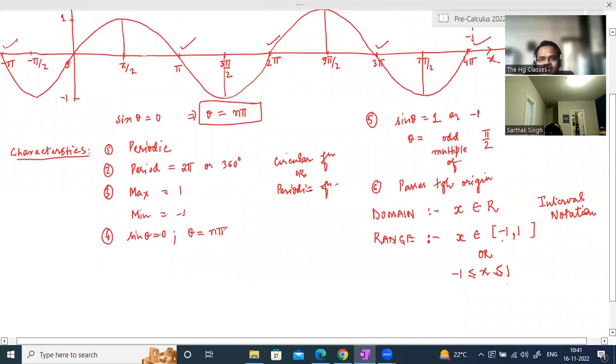Because we know that 1 and -1, the boundary values, are included in the range. If they were not included, then we would have written x belongs to open bracket -1, simply the parentheses, the round brackets. This means -1 and 1 are not in the set, not included in the range.